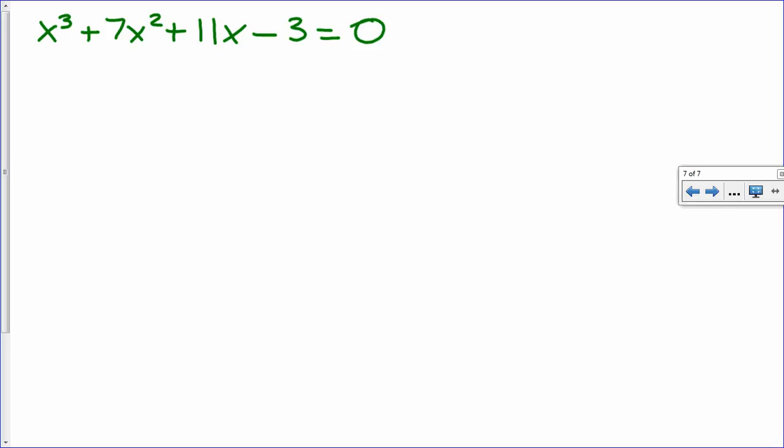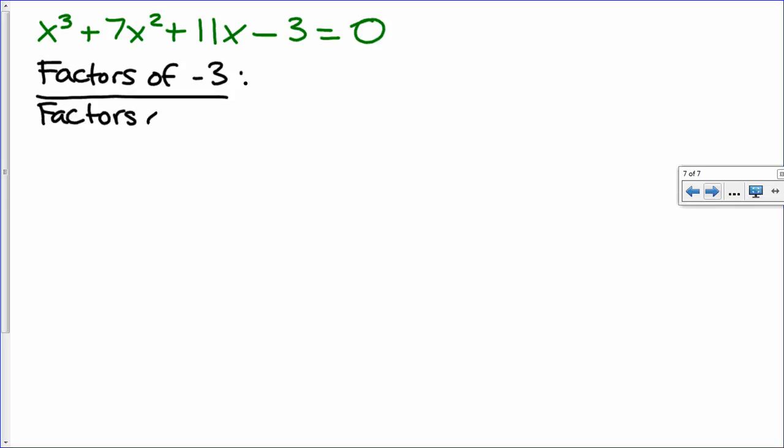So now what we're going to do is, of course, list all the factors, right? And so we need the factors of the constant term first, negative 3. And we're going to divide them by the factors of the leading coefficient, which is 1. Factors of negative 3, those are easy, just plus minus 1, plus minus 3.